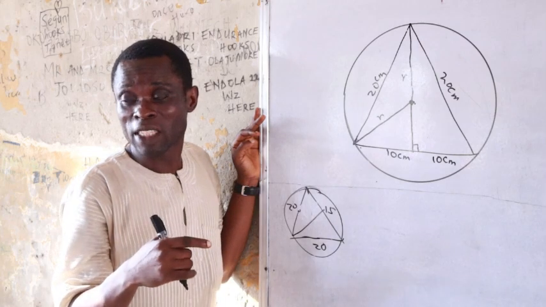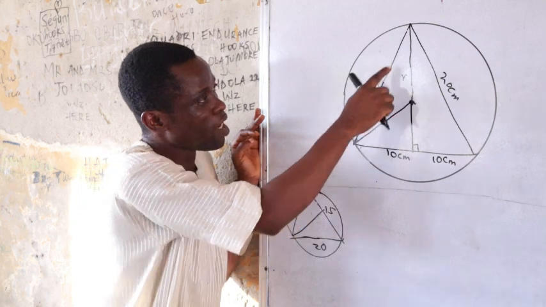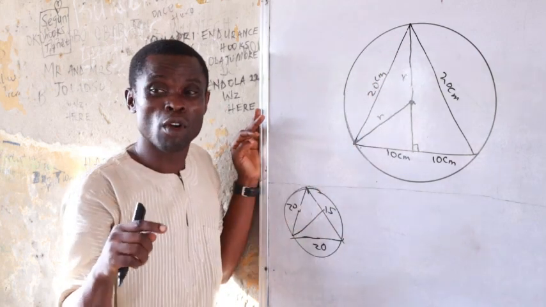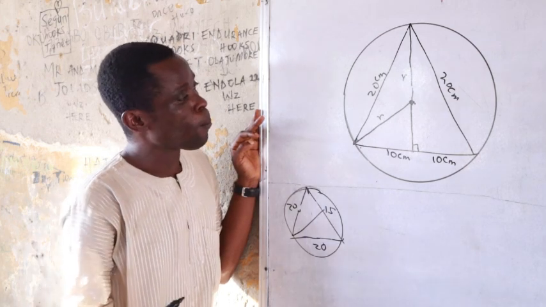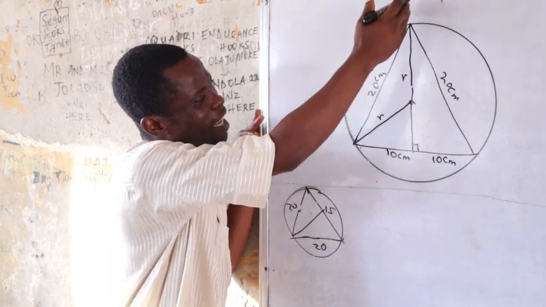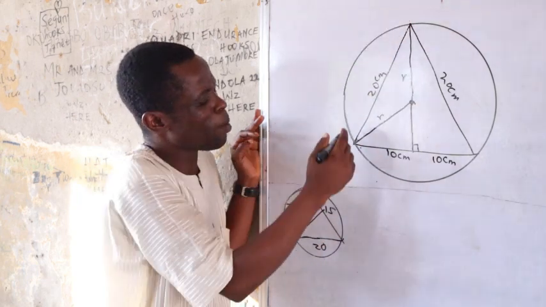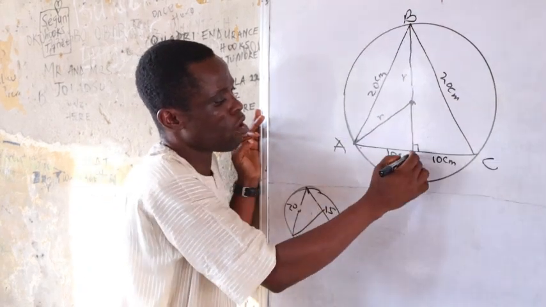When we get to the other theorems, angle at center is twice angle at circumference. Whatever you have here is equal to this. That is what is called base angles of an isosceles triangle. They are equal. Now, as this one is R, I can get the full length of this. Let me label it as A, B, C, and call this one D.